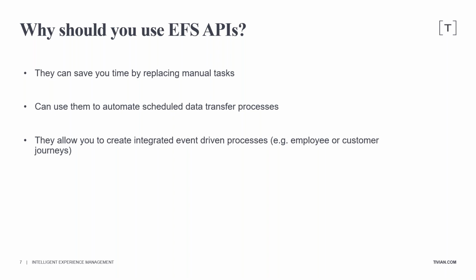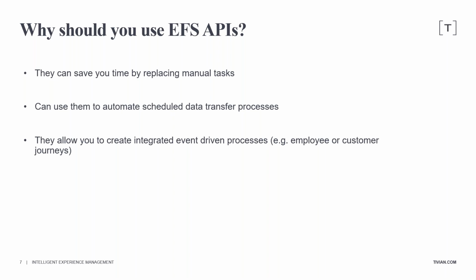The other thing that they can do is they can be used to create event-driven processes. I'm going to take a look at a couple of these in a second, but what do we mean by event-driven process? Well, these are things that might happen off the back of an action. As a typical EFS user, you might be generating surveys that are going out to either employees, customers, or panelists, and those might be things that you're doing on a per group basis.